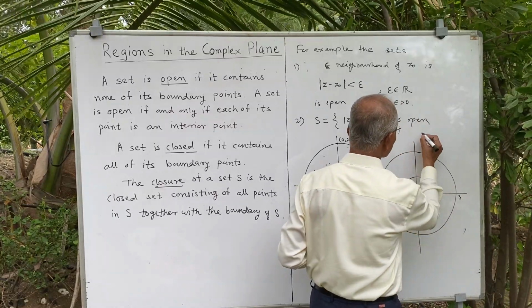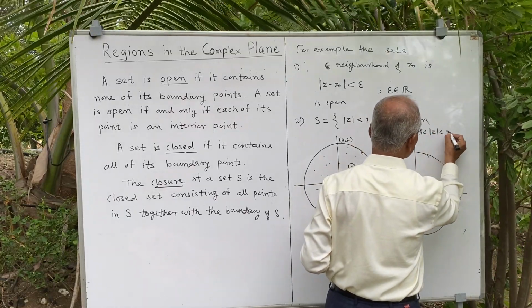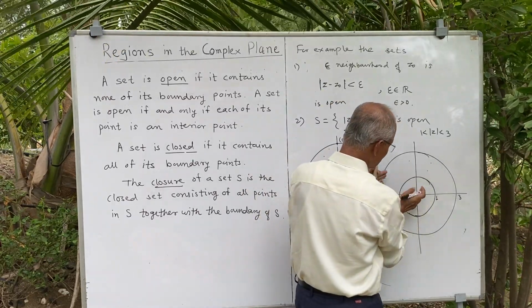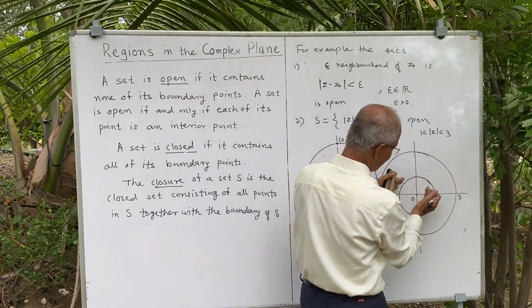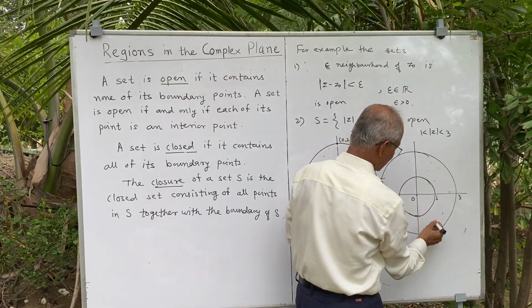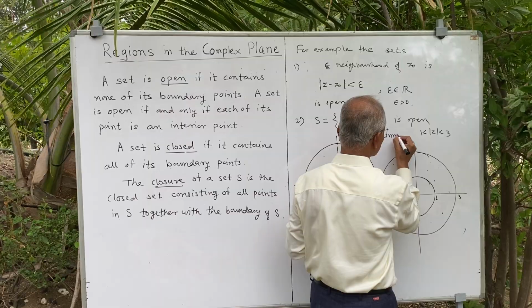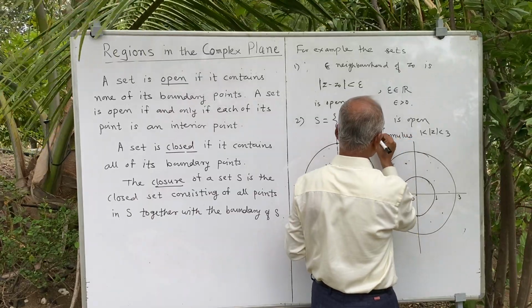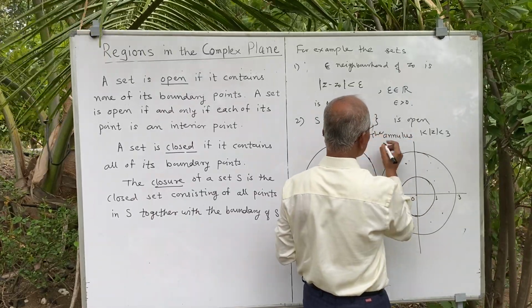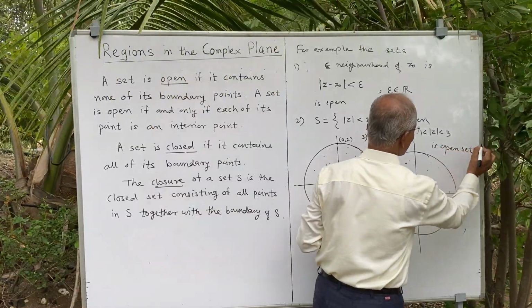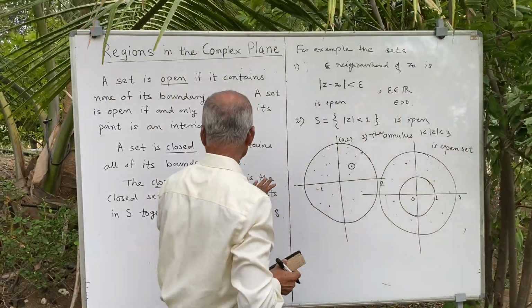So 1 less than |z| less than 3 will represent those points which lie inside this ring, greater than 1 and less than 3. So this ring or annulus is our third example of an open set. So these are some examples of open sets.